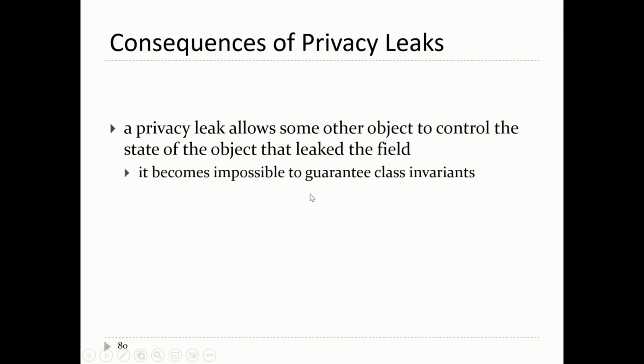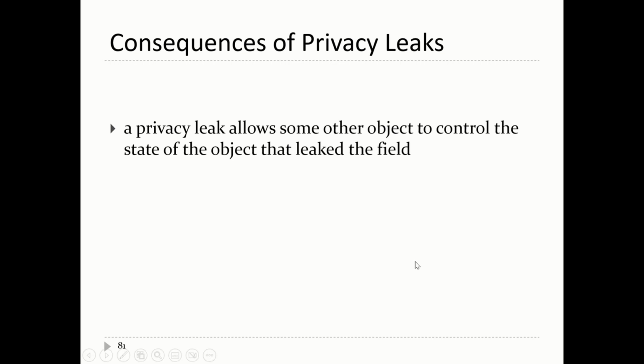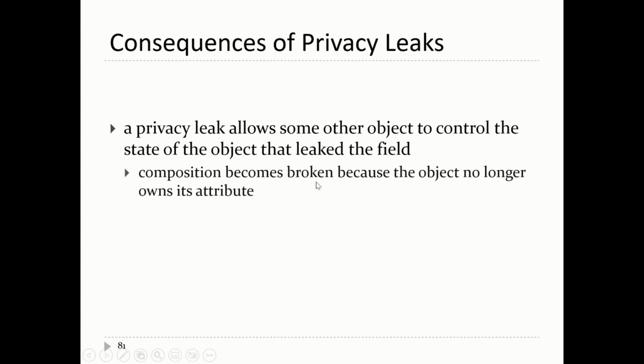If you are implementing a composition and you have a privacy leak, suddenly all of your invariants go out the window. You don't have any anymore because you don't control the state of the object. So if period exposes a reference to one of its two date objects, then the period class can no longer guarantee that the start time is always before the end time. And finally, if you have a privacy leak, composition becomes broken, because the object no longer owns or has exclusive access to its internal field.